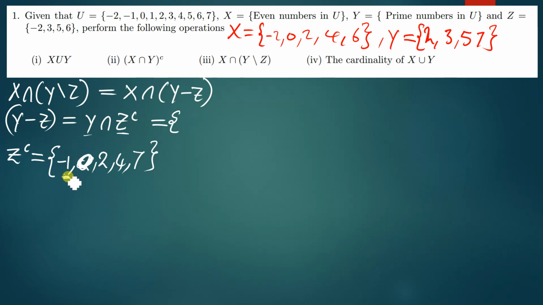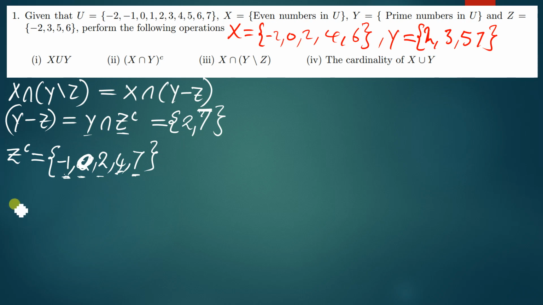We don't. Do we have 0 there? We don't. Do we have 2 there? Yes. So I'm going to write 2 there. Then do we have 4? No, we don't have 4 in y. Do we have 7 there? Yes. So we also have to write 7 there. So the common elements are simply 2 and 7.